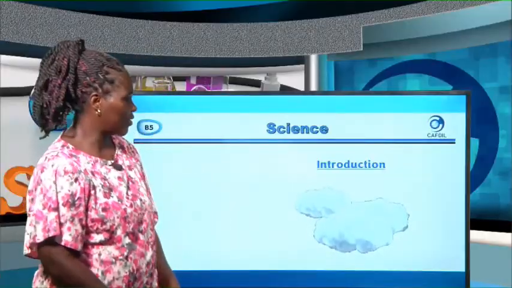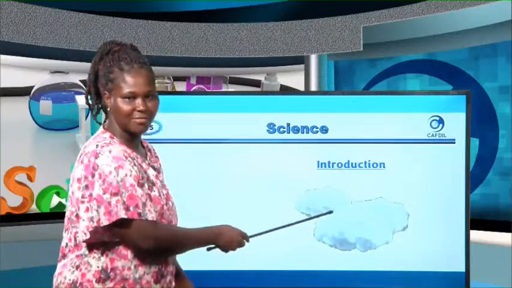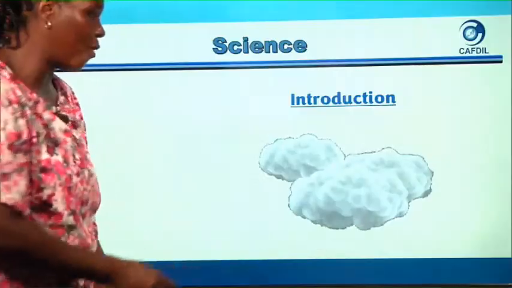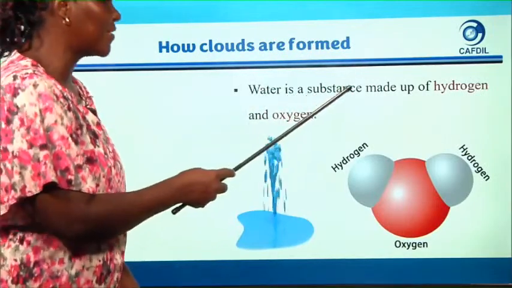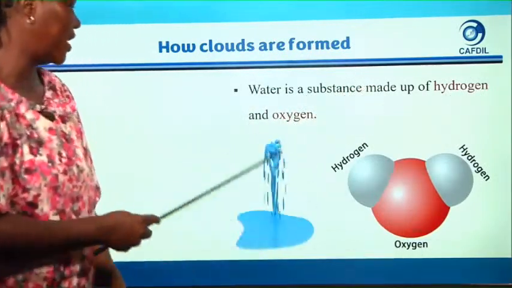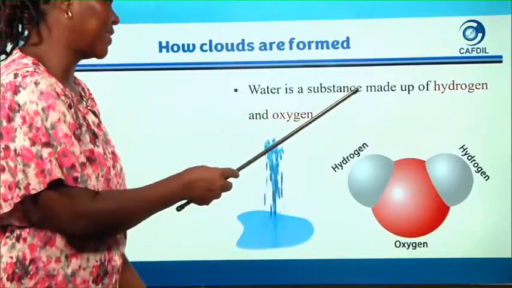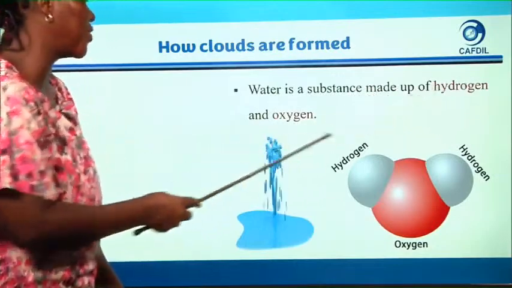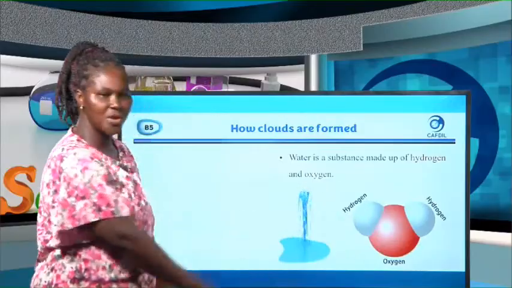So let's look at the introduction. These are clouds. So how are they formed? Now, water is a substance made up of hydrogen and oxygen, as we can see on our screen.